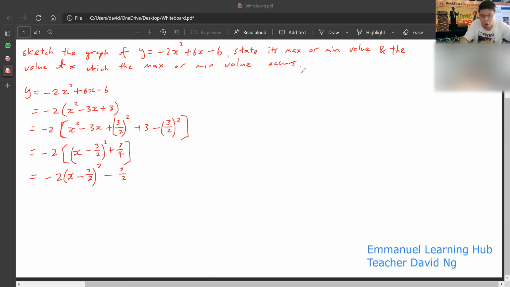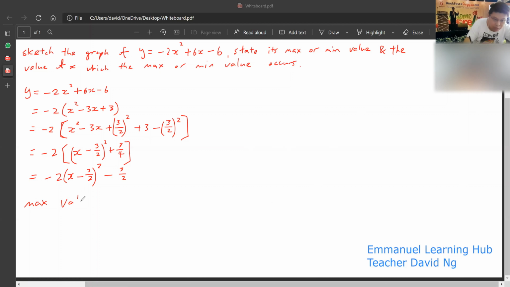Then they ask for max or min, right? Because it's negative 2x squared, it is shaped like that, an N shape. So it's a maximum value. Do you notice they ask for the value? Yeah.